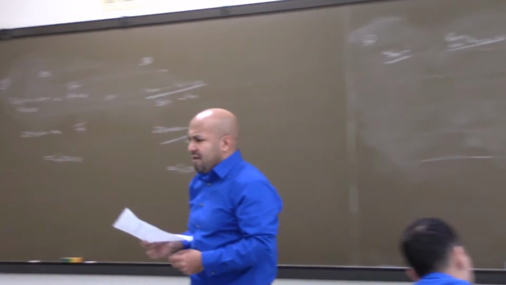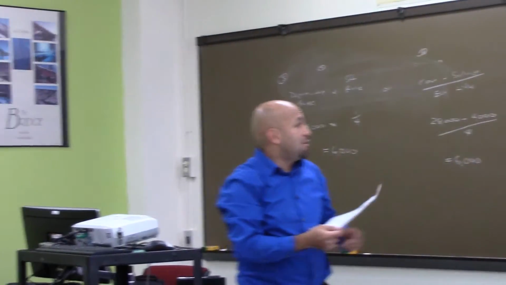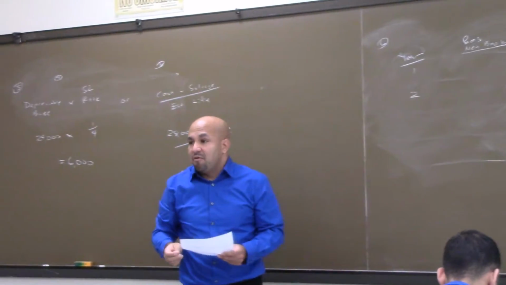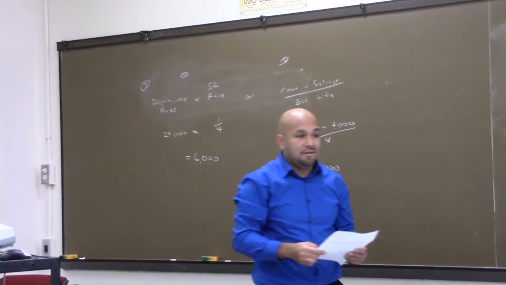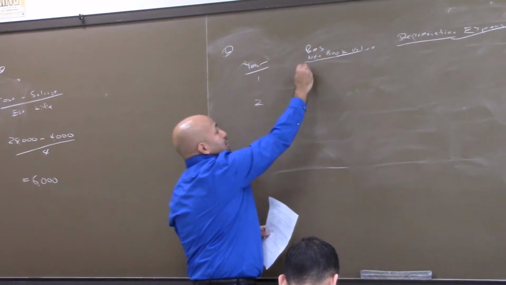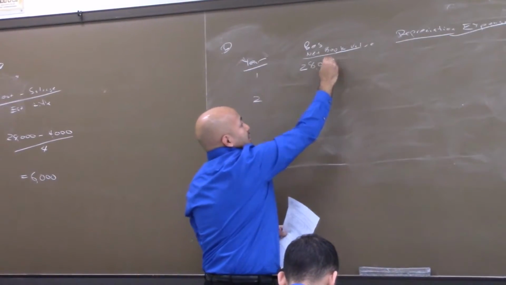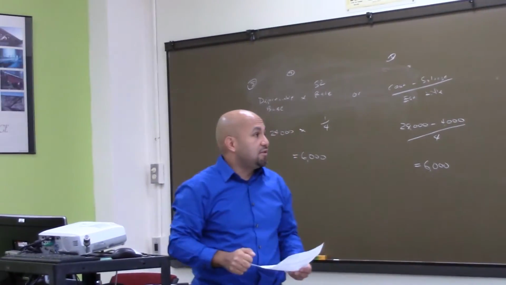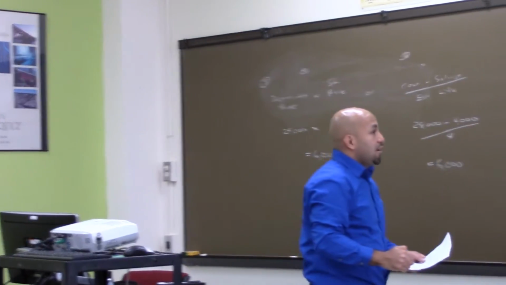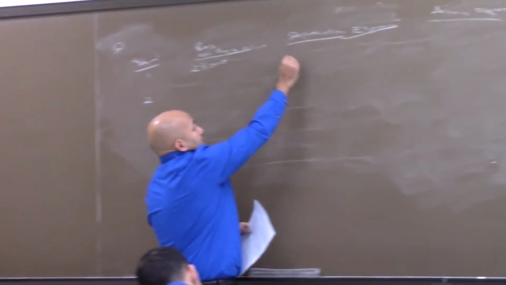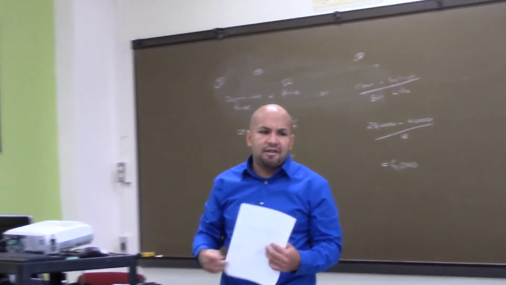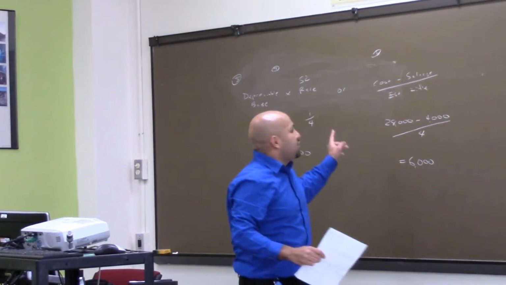So again, net book value is the cost minus accumulated depreciation. At the beginning of year 1, what is the net book value? It's the cost, right? There is no accumulated depreciation. So the net book value is the cost, 28,000. Again, we use 28,000 here as the cost. We're using the same facts. So 28,000. How do we do the depreciation expense? By the way, in case you don't remember, the depreciation expense under the double declining method is actually very similar to this.